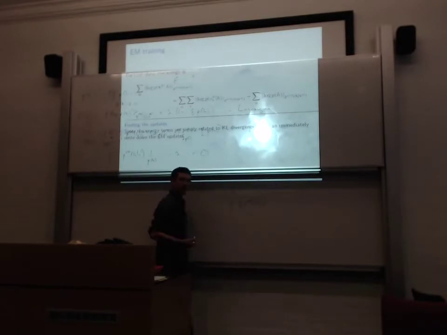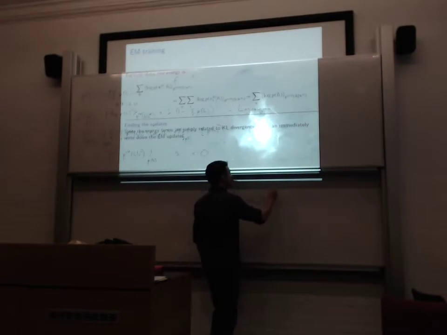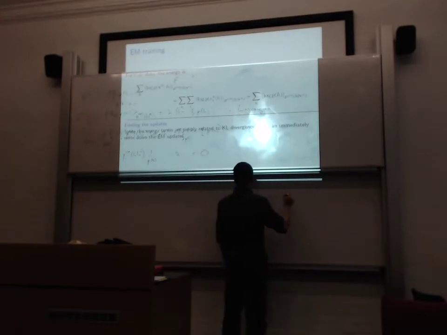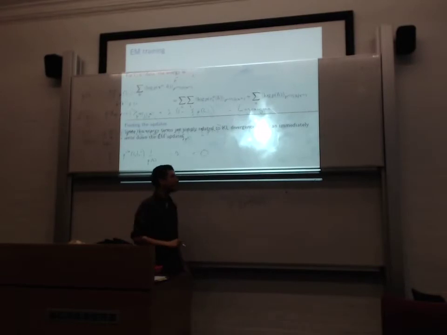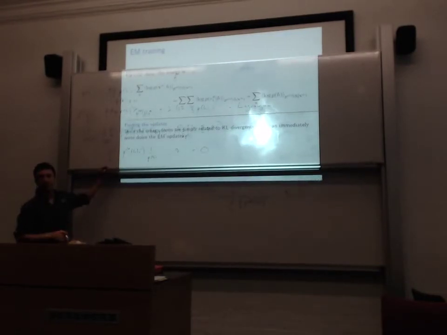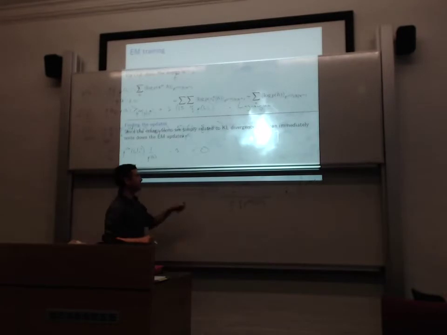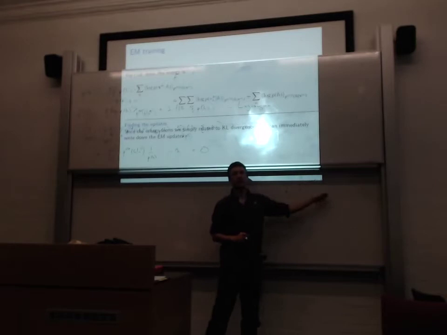So in fact that means just capital N. So this is going to be 1 over N, sum over n of p old of h given x_n. So that's good, right? Now we've managed to get an expression for the new parameters as a function of the old parameters, the old distribution. And that's exactly what we want.